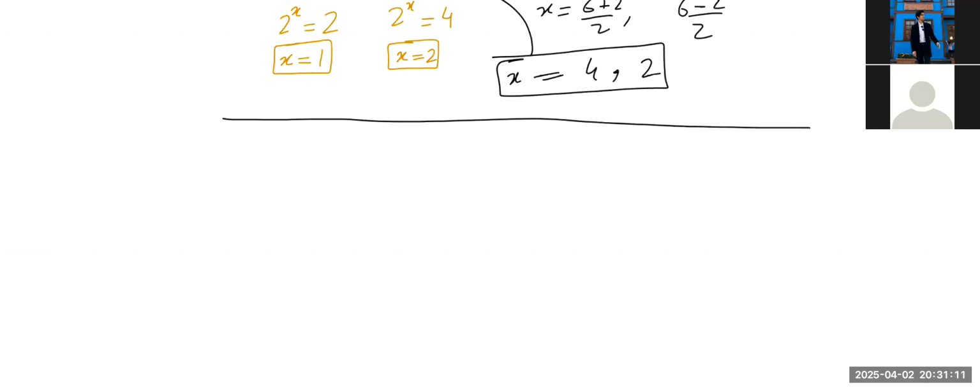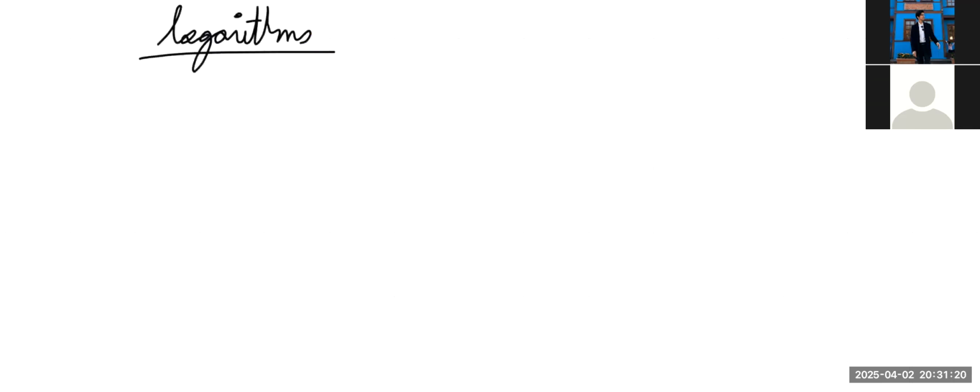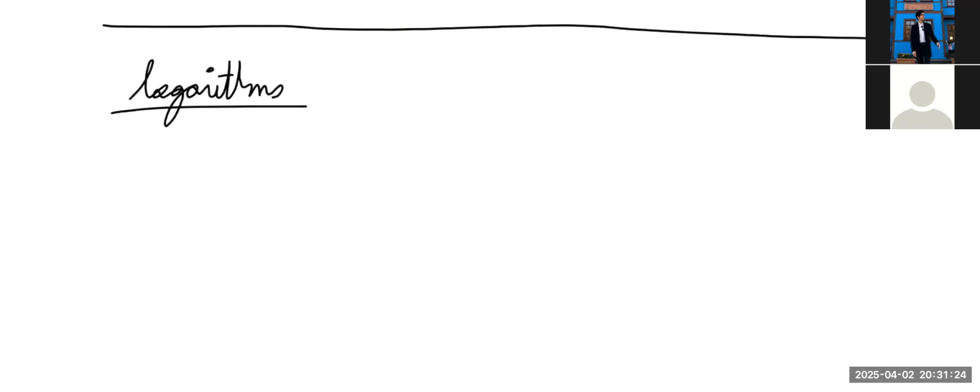Okay, so logarithms. Now, a lot of people don't even understand what a logarithm is to begin with, and they jump into the rules and stuff. So logarithms are basically the inverse of an exponential. Okay, and again, that doesn't make any sense on the surface. But look, for example, let's say that you have log base a of b equals c.